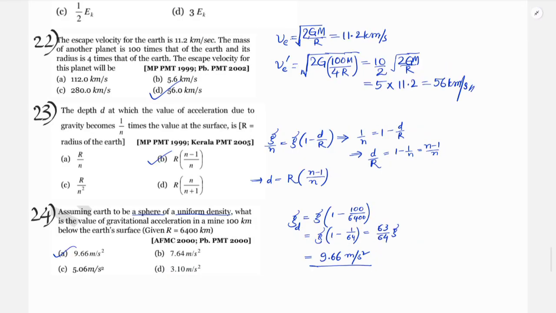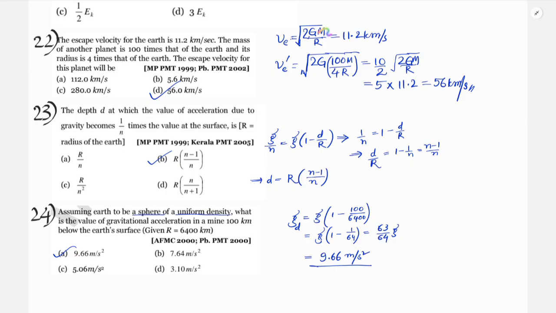See problem number 22. The escape velocity for the Earth is 11.2 km per second. The mass of another planet is 100 times that of the Earth, and its radius is 4 times that of the Earth. The escape velocity for this planet will be? Remember the general formula, v equal to root 2GM by r, that is equal to 11.2 kilometers per second, as given.